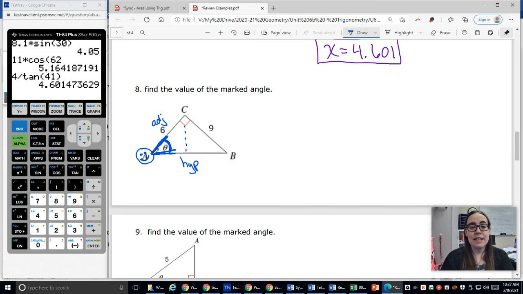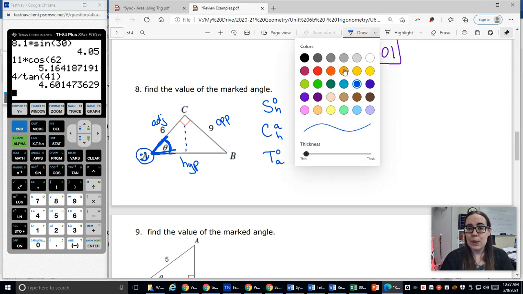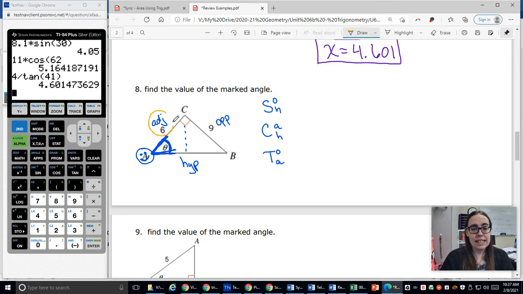Okay, and then the smiley face is yelling all the way to the opposite side of the triangle. Let's look at SOH CAH TOA. All right, so adjacent is 6, and my opposite is 9.